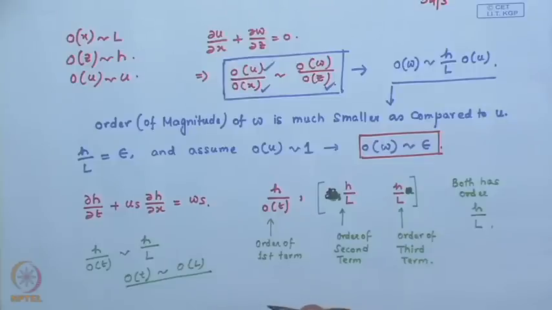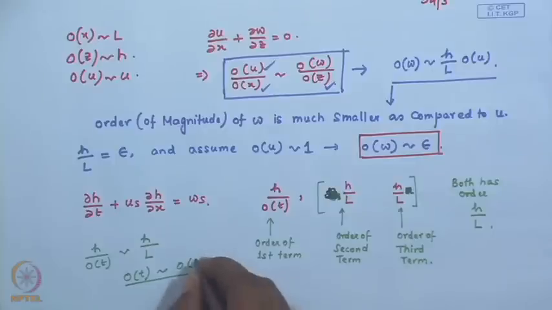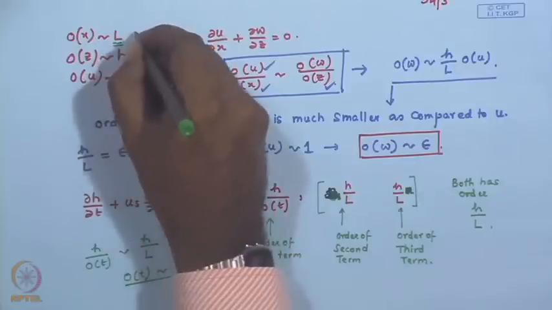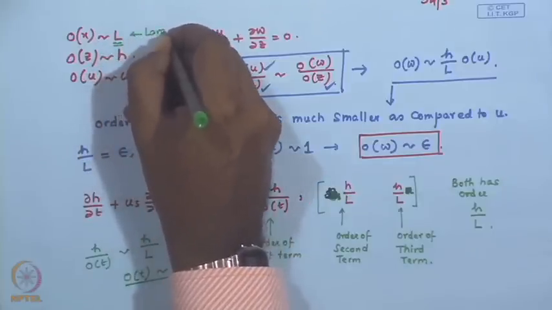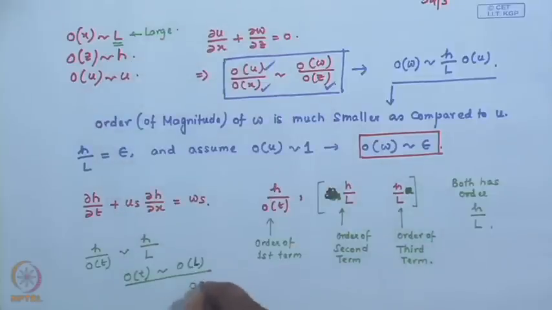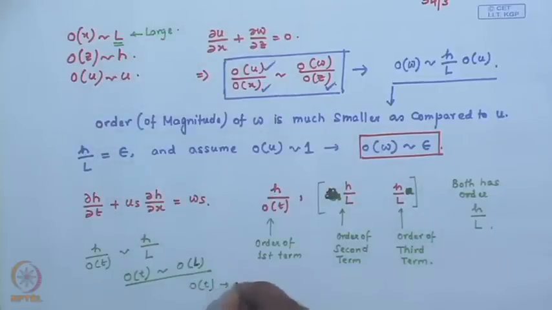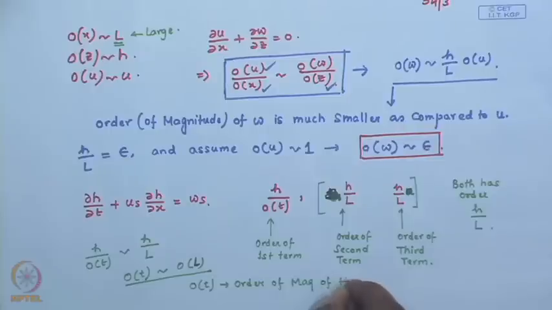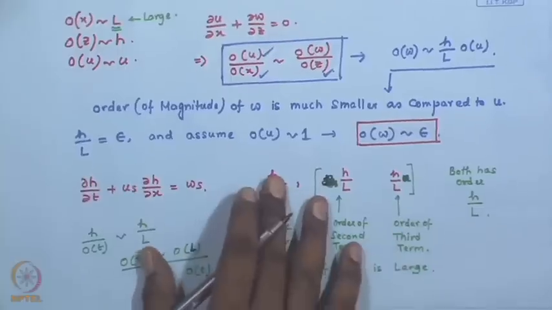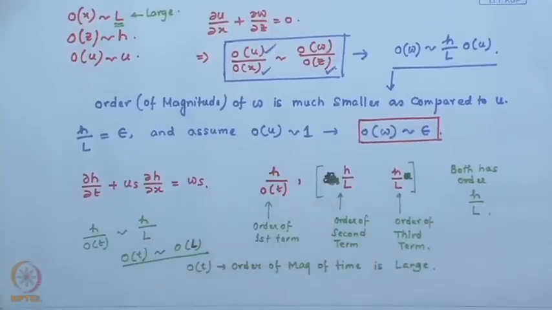L is large. Therefore, the time scale, the order of the time is large, or in other words, the dynamics of the system is slow.